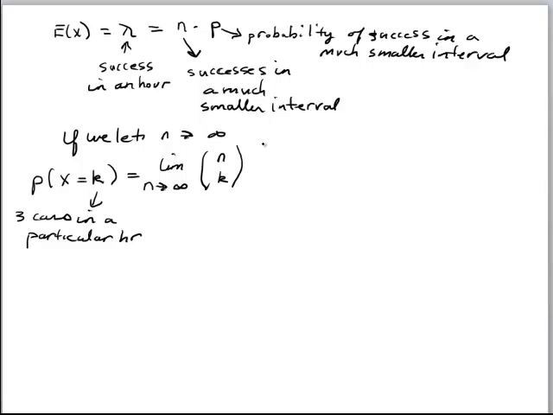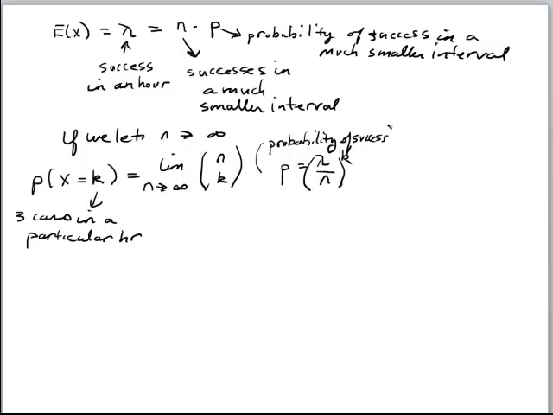Let's see, so say the probability of success, I'm going to write this all out. Probability of success, and that probability is lambda over n raised to the k. That's the probability that we have k successes, and then it's 1 minus lambda over n to the n minus k, and this is the failures, right?